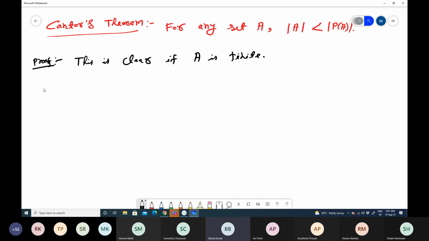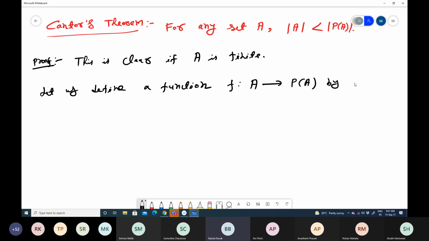So let us define a function f from A to the power set of A by f of a goes to the singleton {a}.